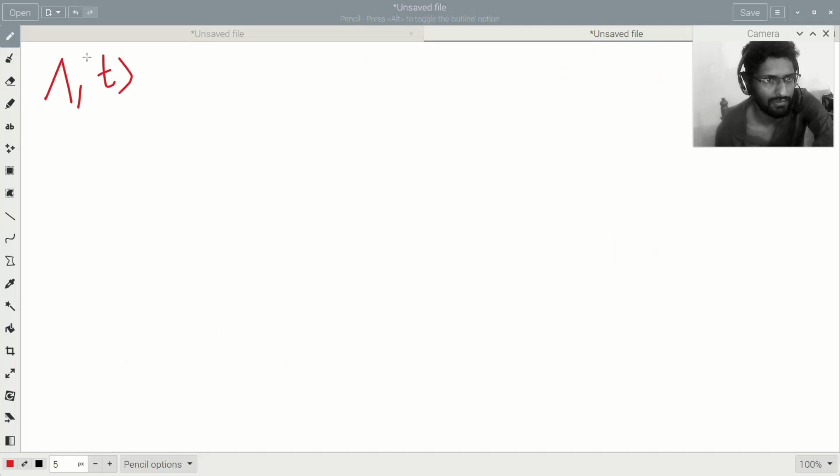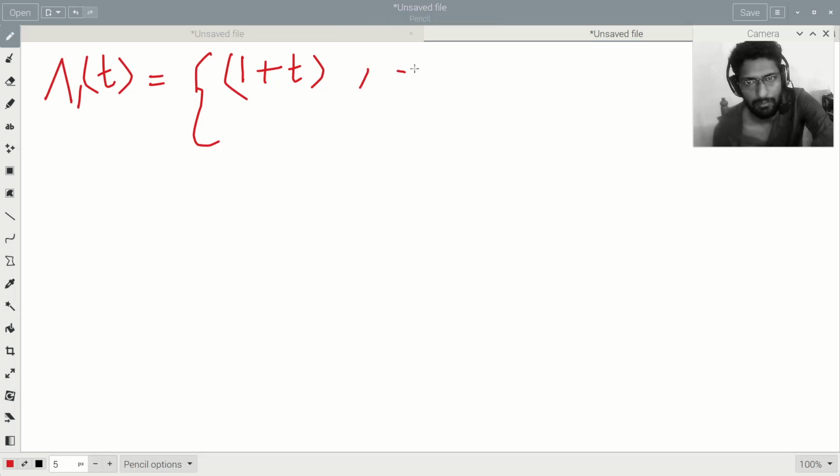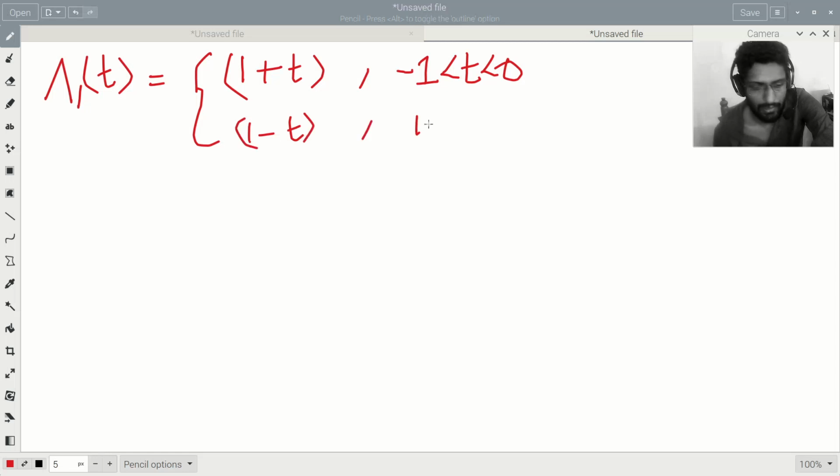So we are going to redefine the function. Triangle 1 of t is equal to, as per the definition, 1 plus t upon 1 square, that is equal to 1 plus t, if minus 1 is less than t less than 0, and it is equal to 1 minus t if 0 is less than t less than 1, and 0 otherwise, if mod t is greater than 1.